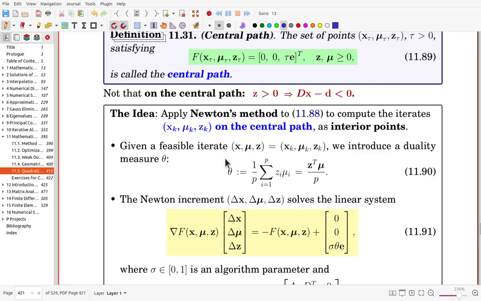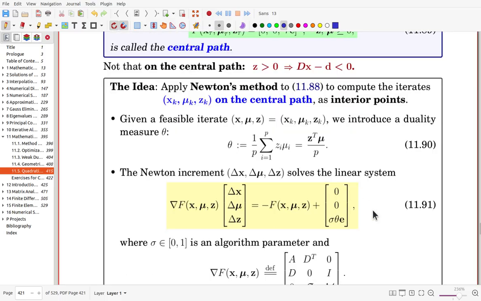So we try to find points on the central path as interior points. Now we try to make a practical formulation for the extra term. Now theta is the sum of z_i mu_i, averaging them. So after addition, divided by p, it is the average of the products. And now we put theta over there, along with some parameter.